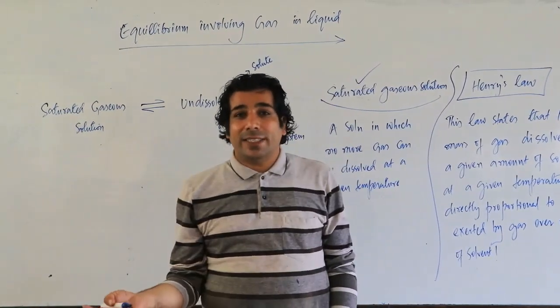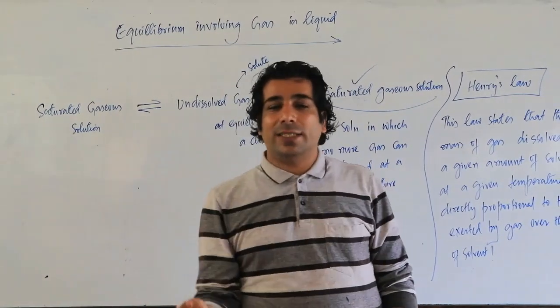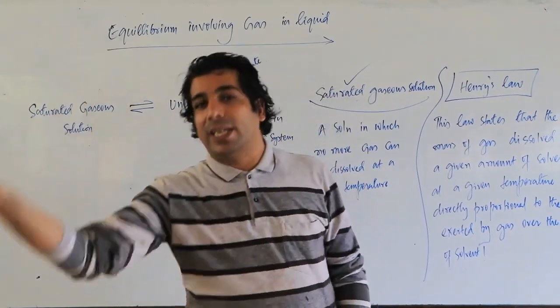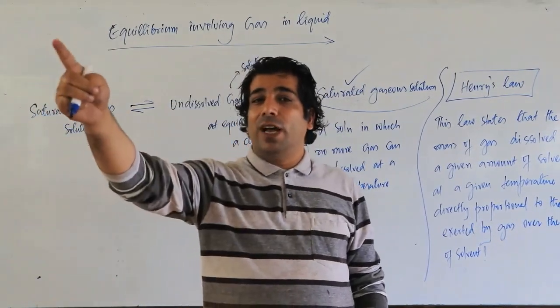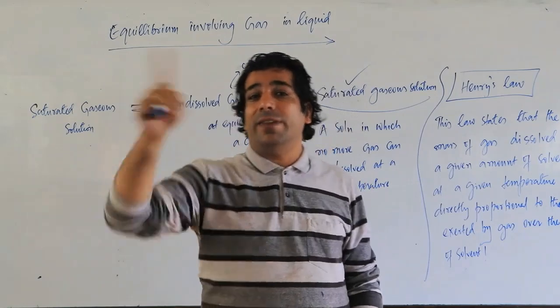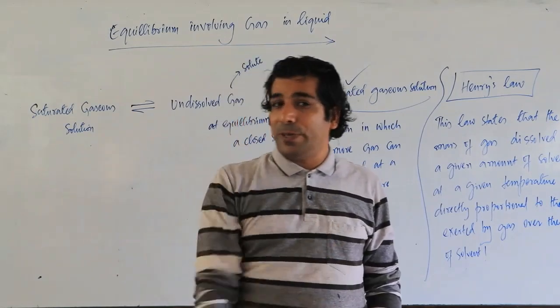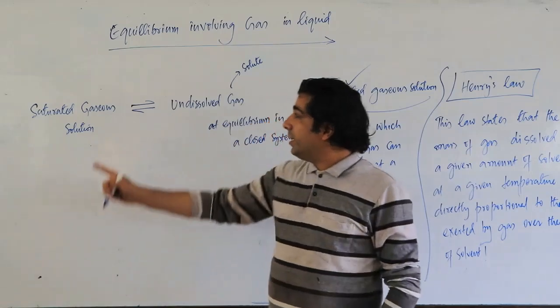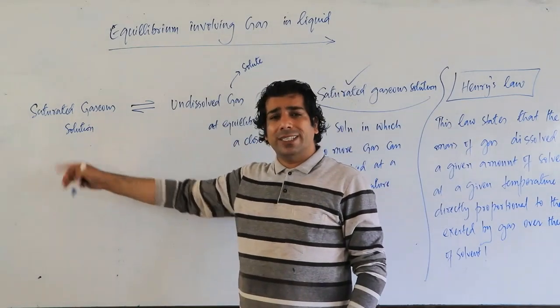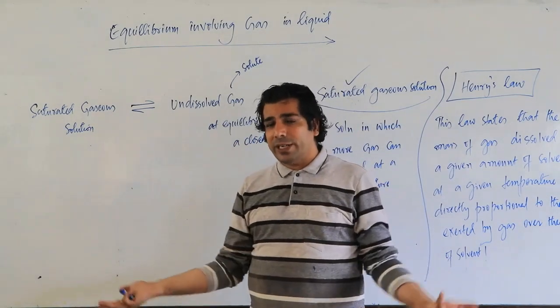But they cannot enter the classroom unless 3 students come out of the classroom, because rate of entering should be equal to rate of leaving at equilibrium. That's a condition. So obviously this gaseous solution is already saturated. It's completely saturated.